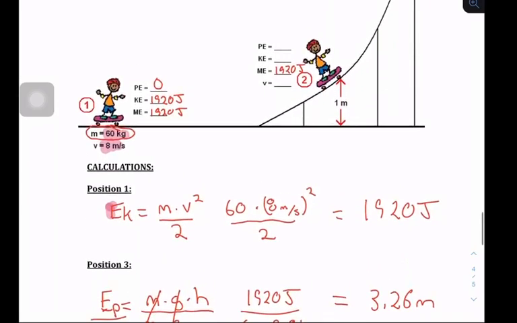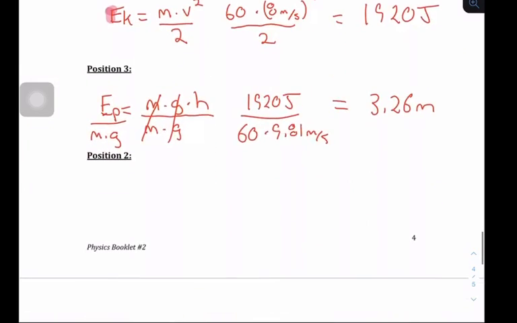I said position 2 for the end because it's the toughest one. We know that the energy in the system is 1,920 joules, but we're a meter off the ground and we're moving. So it's some combination of potential and kinetic energy to get me there. I know the mass. I know the height he is off the ground. Let's find the potential energy at that point.